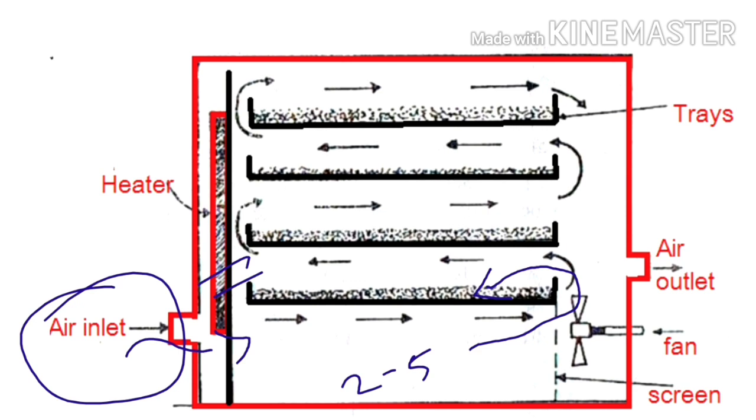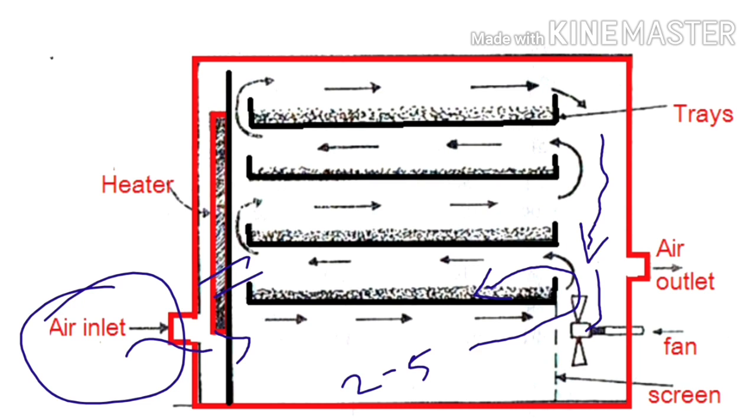So, the major fraction of the discharged air, that means 80 to 90% of the discharged air, is circulated back through the fan. So, for the next cycle, we only require 10 to 20% of fresh air.